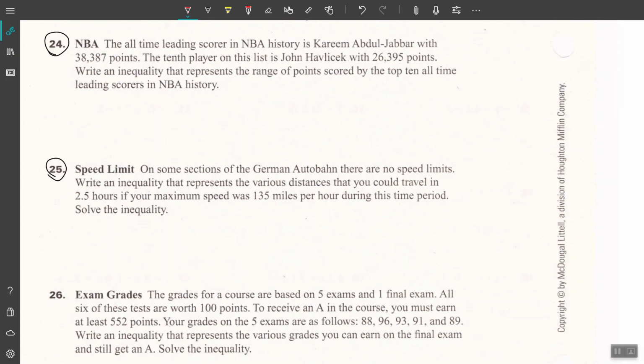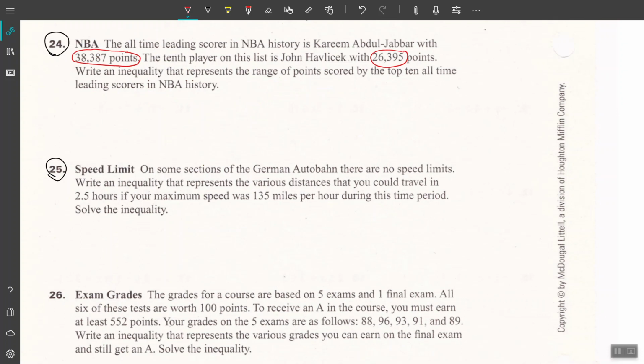Number 24 asks us to write an inequality that represents the range of points scored by the top 10 all-time leading scorers in NBA history. So you go up to that first sentence, and they give you the number of points that the top scorer in the NBA has scored. You go to the second sentence, and they give you the 10th player on the list and his score. They skip numbers 2 through 9.